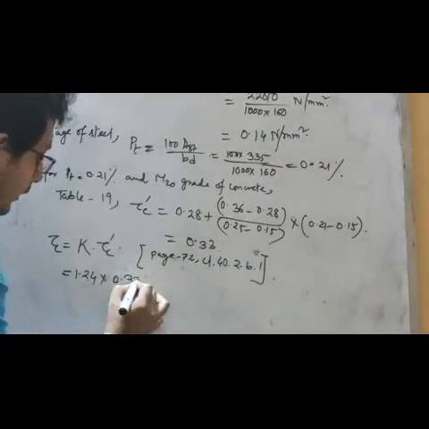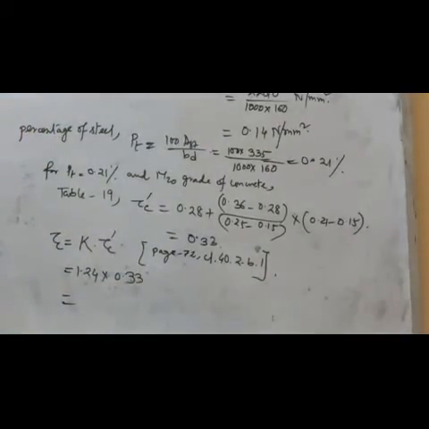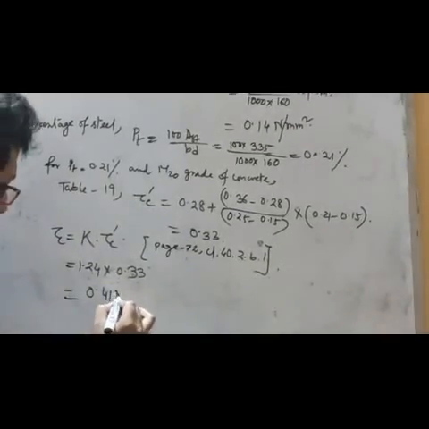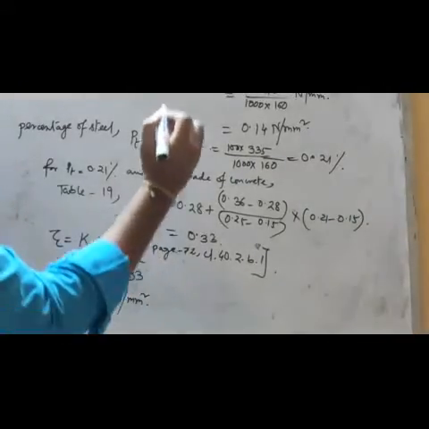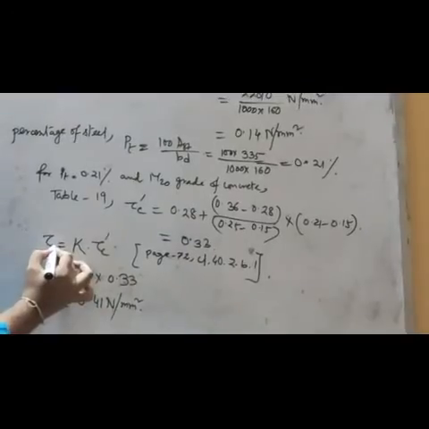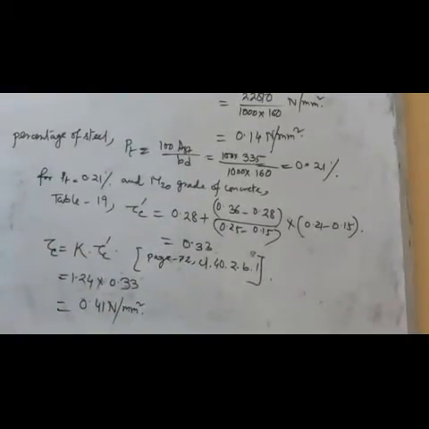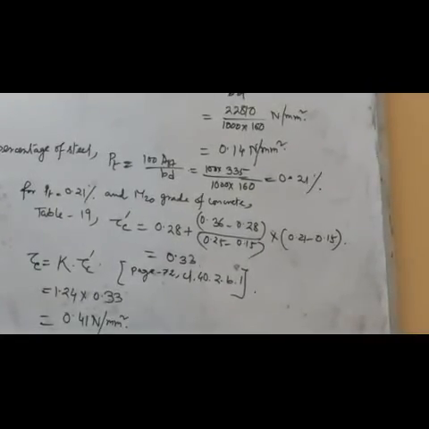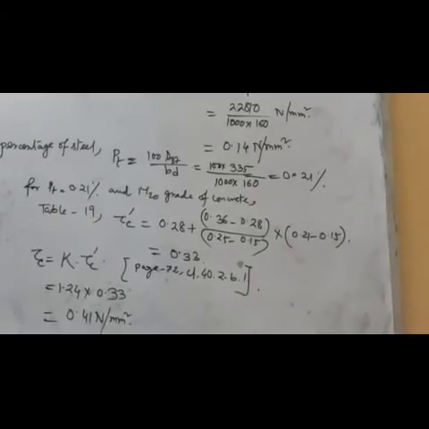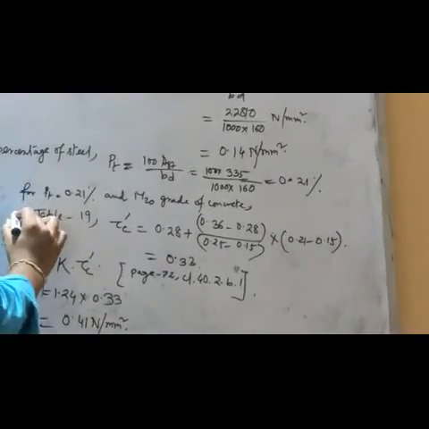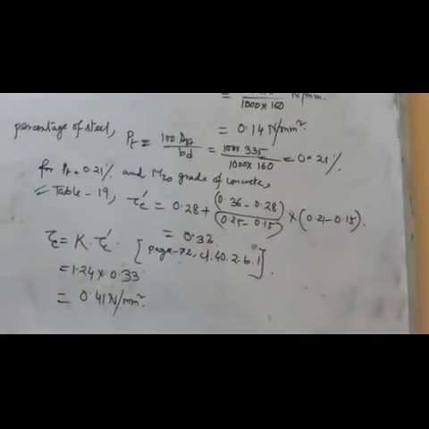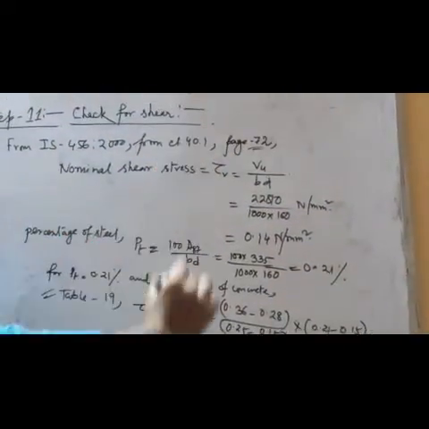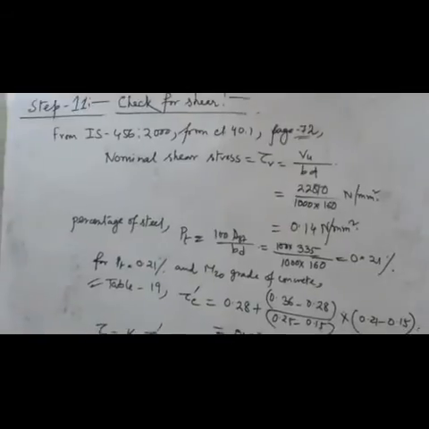So you will get the value of tau c by this equation, 0.41 Newton per millimeter square. So this is the value of actual tau c, that is 0.41 Newton per millimeter square. Okay, so here the important thing is table 19, and here also the important thing is page number 72.